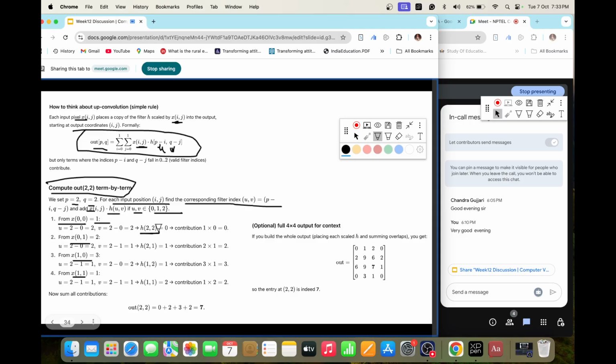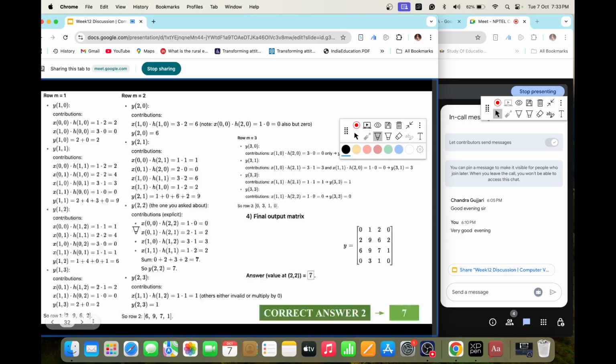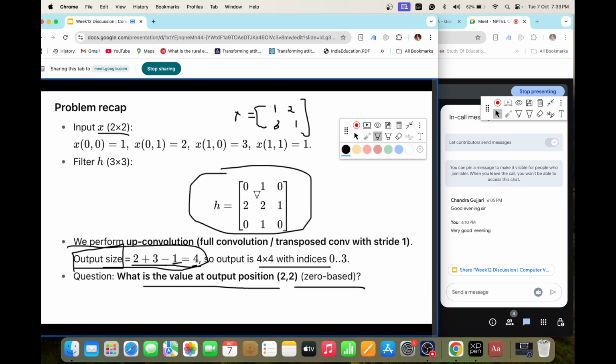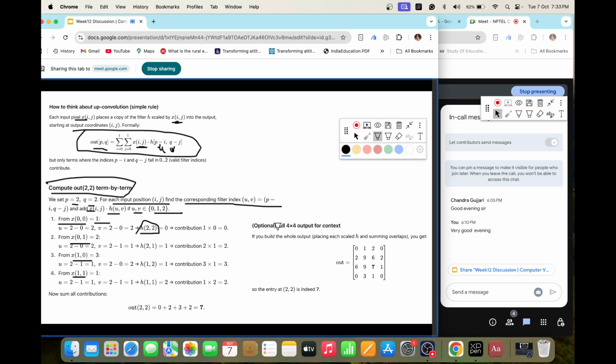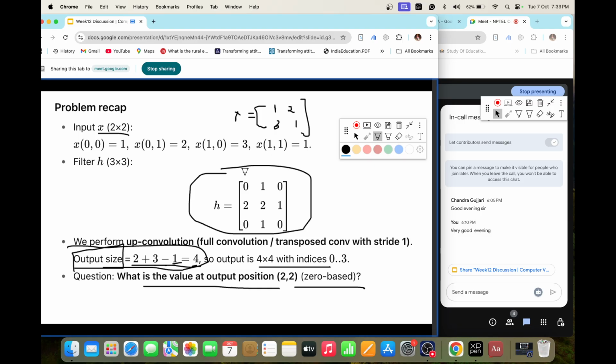So we have to take h 2 comma 2, and h 2 comma 2 has already been given, which is nothing but 0. Let me clear the indexing. This is the 0 index, this is the 1 index, this is the 2 index, and the same for columns. So h 2 comma 2 means this very element, and for x also this is 0, 1.